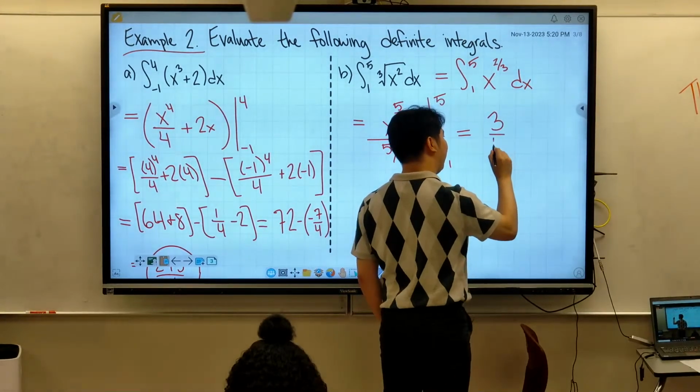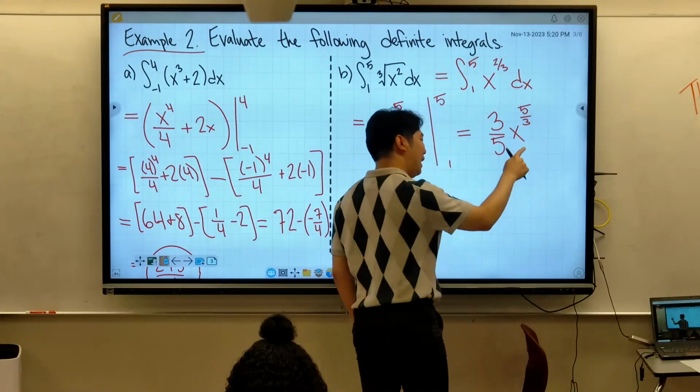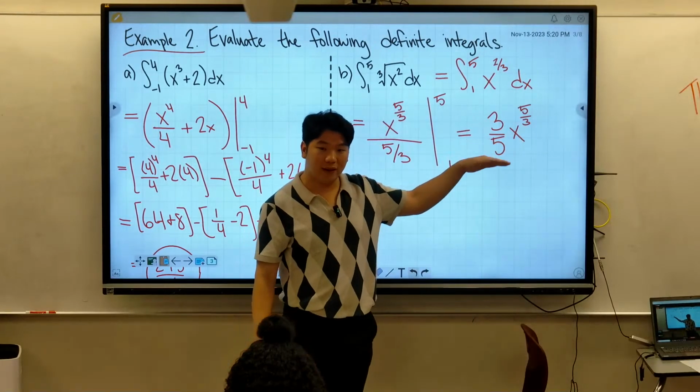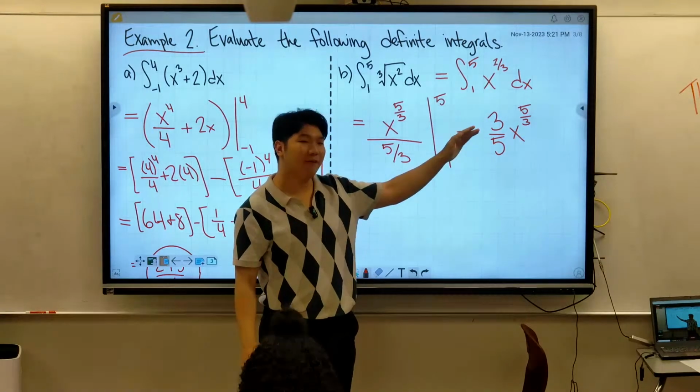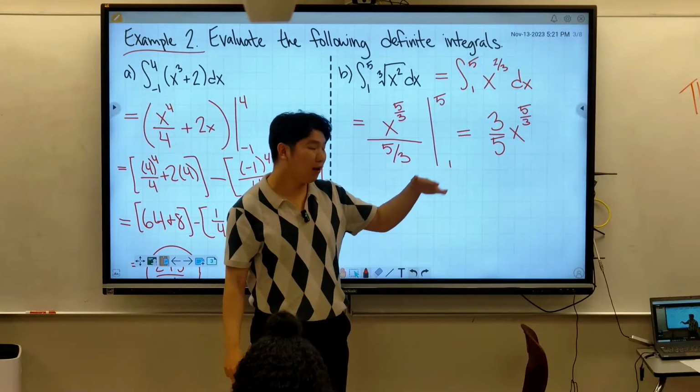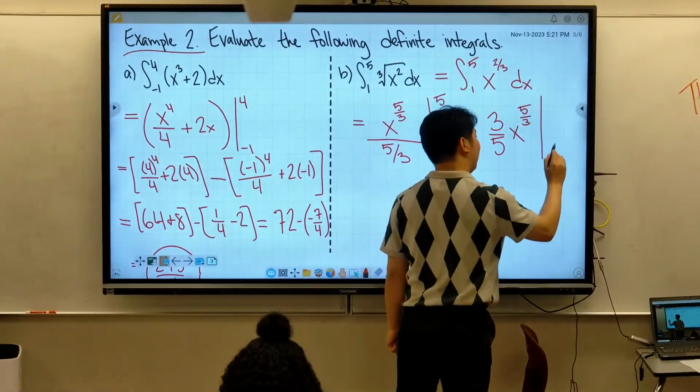So 3/5 x to the 5/3. You can put your x next to the 3 if you want, or you can put it on the side. It means the same thing. Some people like putting 3x to the 5/3 all over 5, sorry. It means the same thing. And I'm going from 1 to 5.